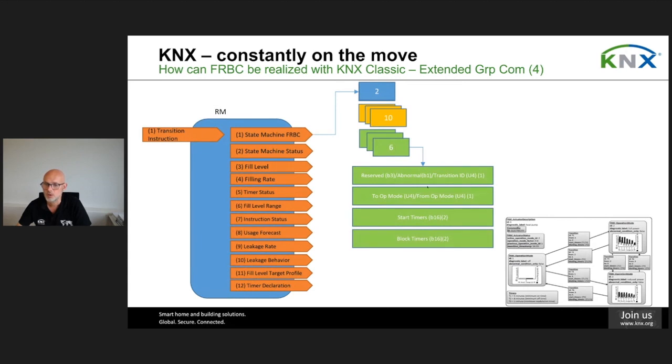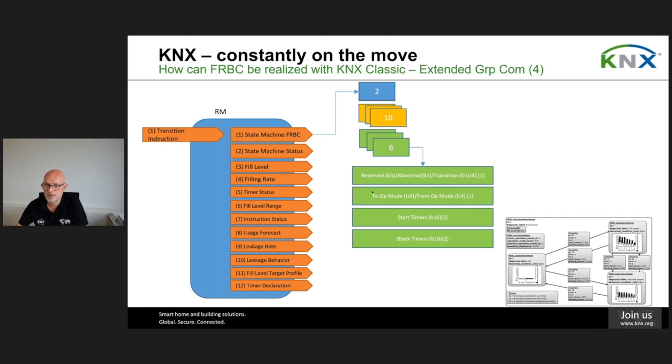This is a little bit more simple. First of all, there's a byte that indicates whether this is only a transition that applies when it's an abnormal condition. Of course, there is a transition ID communicated.